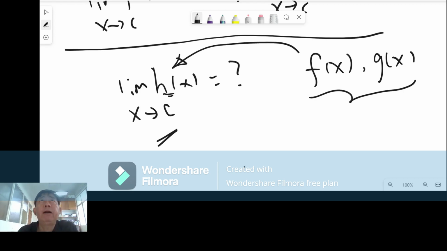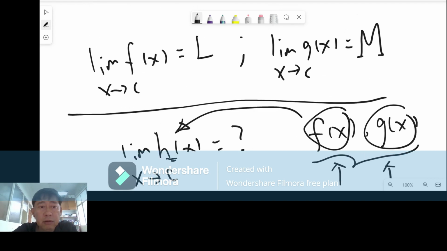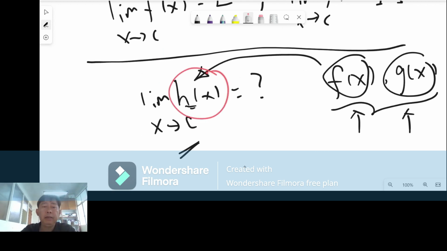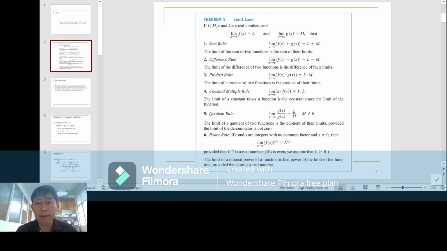If you have a function h that could be expressed in some relationship to the other two functions f and g, where the limits of f and g at the point c are known, then you can make use of the information of the limits of these two functions to work out the limit of the new function h based on the rules of theorem number 1.